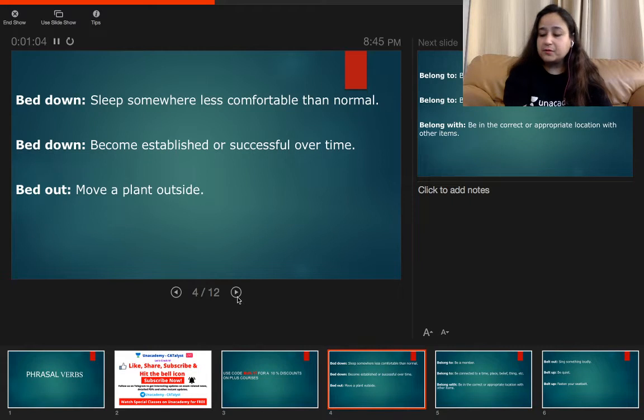Bed down also means to become established and successful. "Finally bedded down" means finally got adjusted. Bed out is to move a plant outside. So you bed out your plants means you're moving them outside, you're doing your gardening outside.